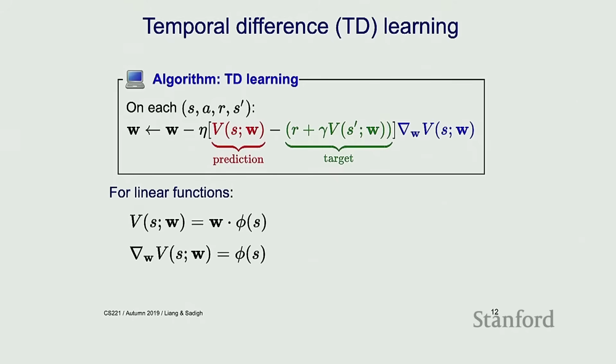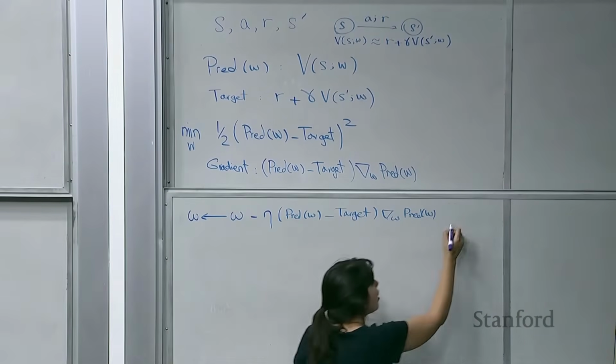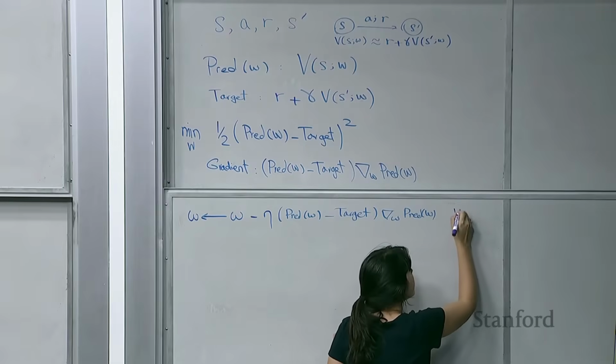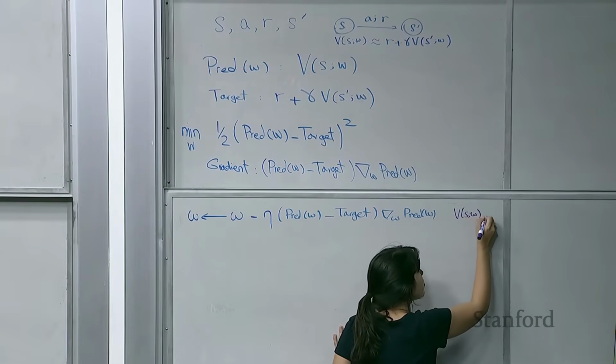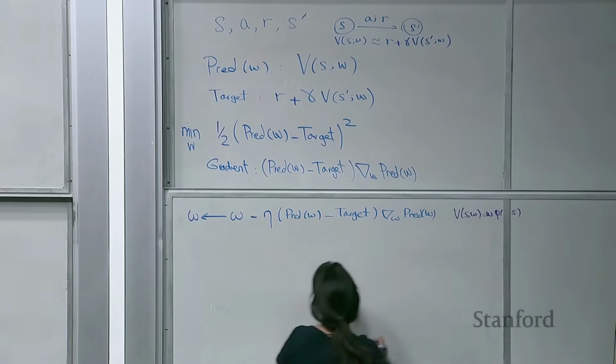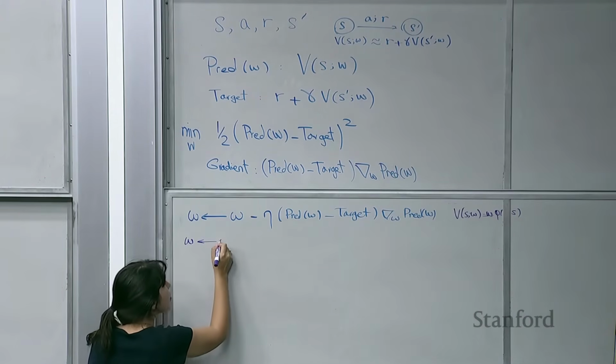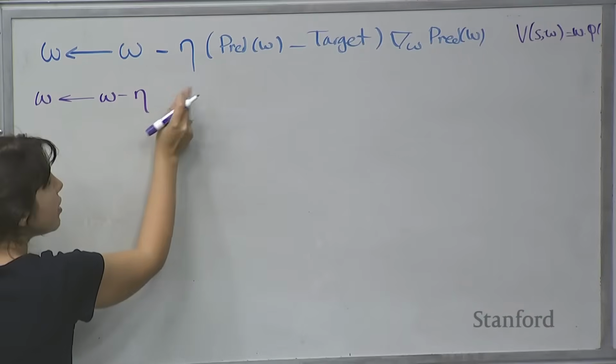Okay. So what happens if I have a linear function? Let me write this in the case that I have a linear function. What if my V of S, W is just equal to W dot phi of S? So what happens to my update? Minus eta. What is prediction?